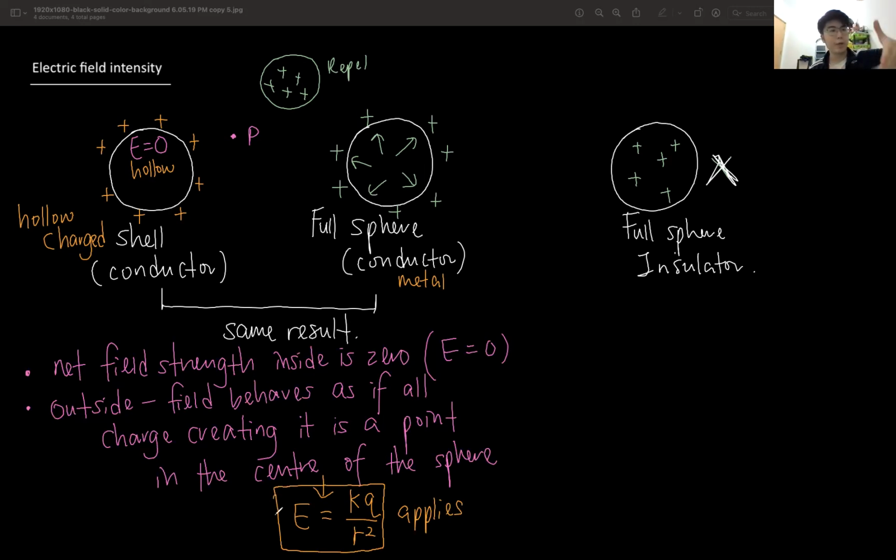We have looked at the point, the line, and this is the sphere. Since it behaves as a point, I can apply this one. So if I sketch the graph of the electric field strength, E against r, this big R is the radius of the sphere.